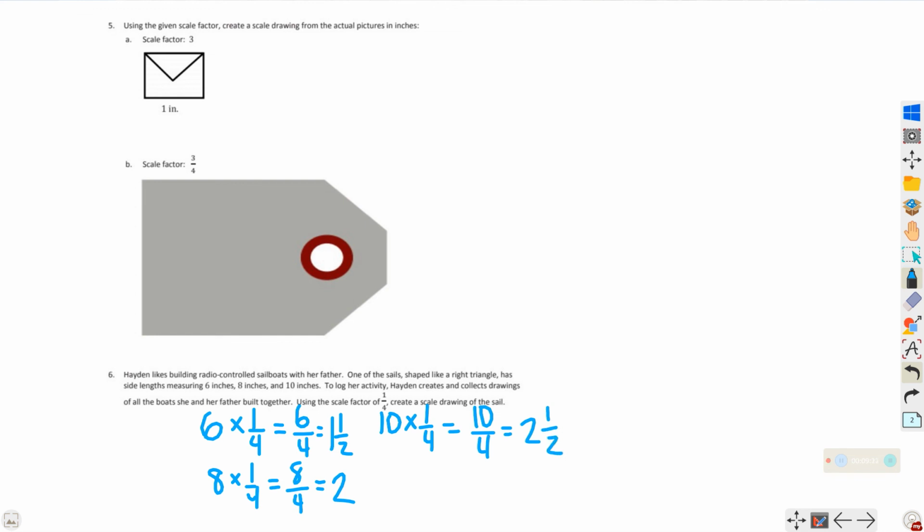You are going to draw a right triangle that is 1 1/2 inch tall, 2 inches wide, and 2 1/2 inches to connect them.